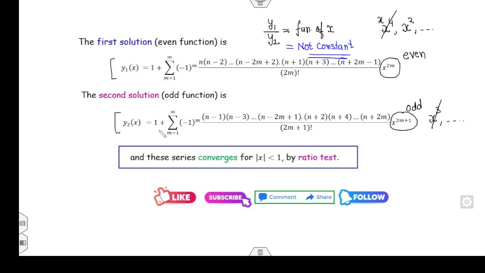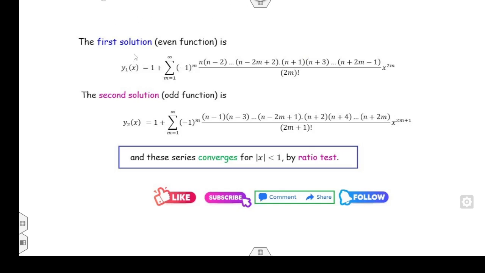Second point, these y1 and y2 which you have obtained in terms of infinite series, you can clearly prove by using the ratio test. By using the ratio test, this y1 is convergent for all x such that mod of x is less than 1.